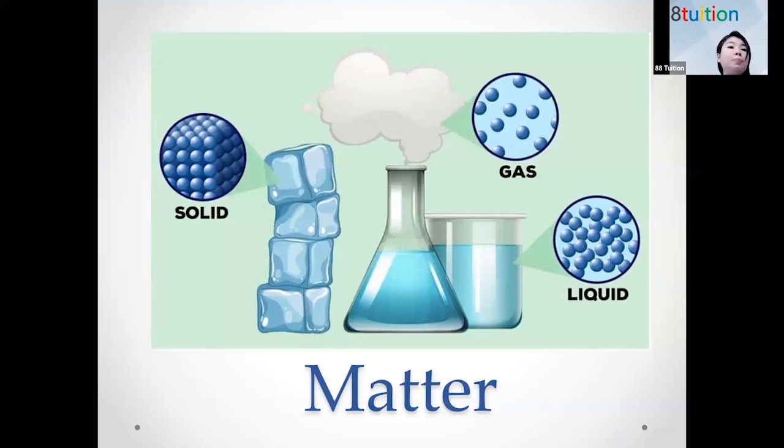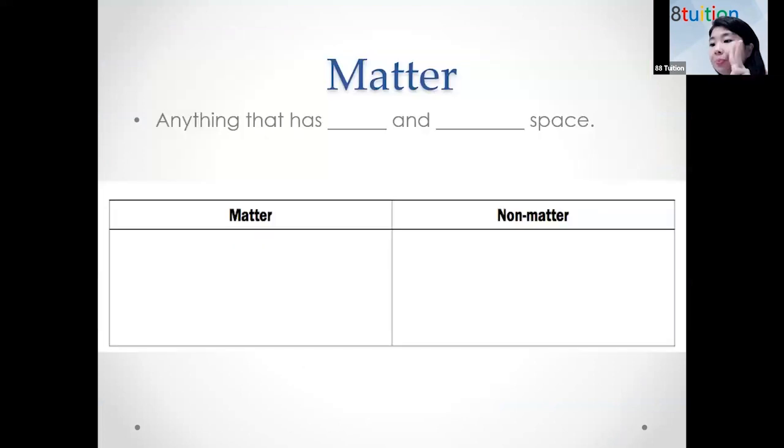Pay very close attention. You notice that in the video, whenever Dr. Binox tried to introduce you to matter, he always mentions two things: weight, W-E-I-G-H-T, and space, S-P-A-C-E. Do you all recall that? He says, this thing has weight. The water has weight.